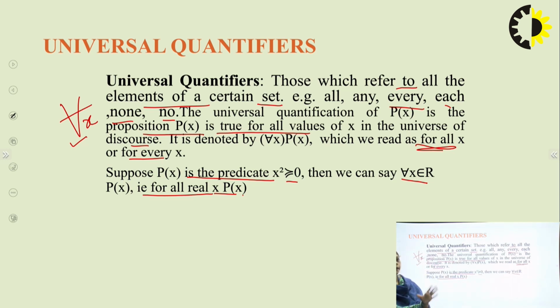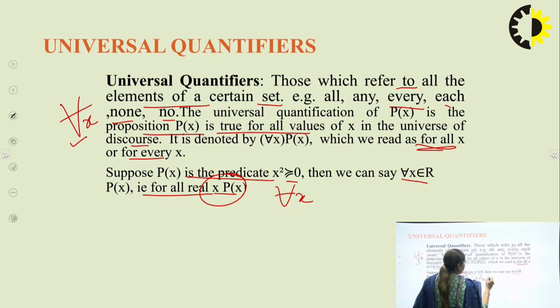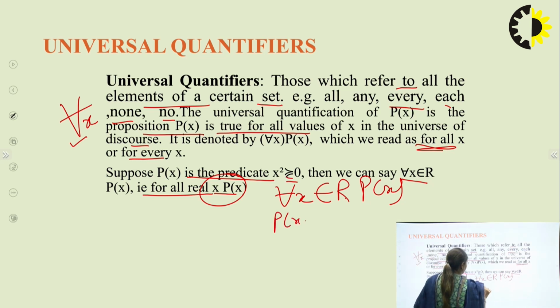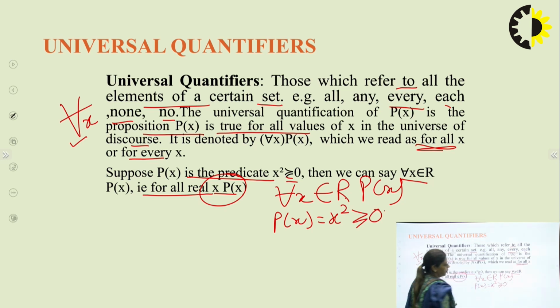We want to represent this sentence this way: for all x belonging to R, Px. And what is Px? Px is x square is greater than or equal to 0, right?